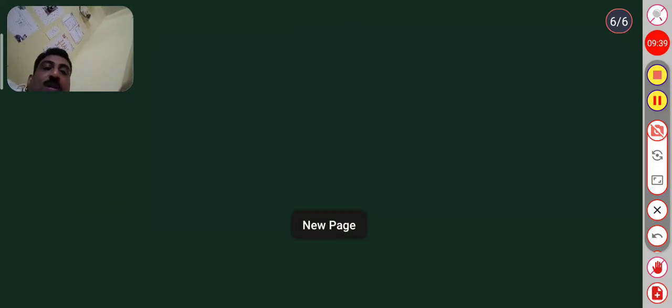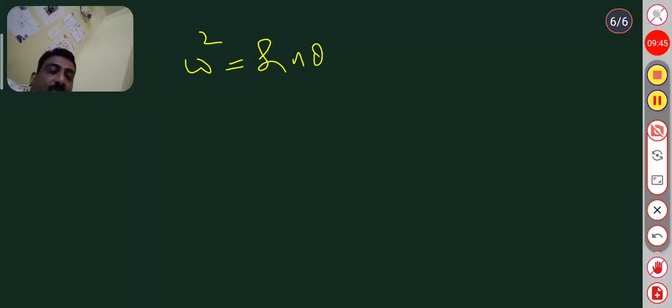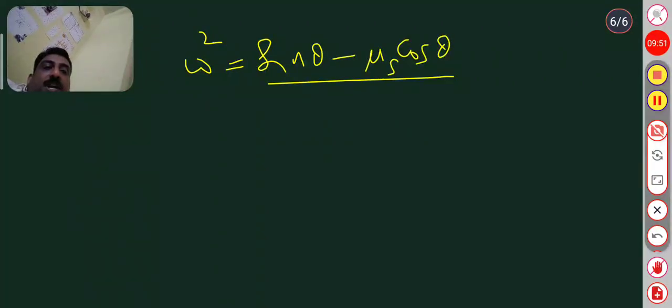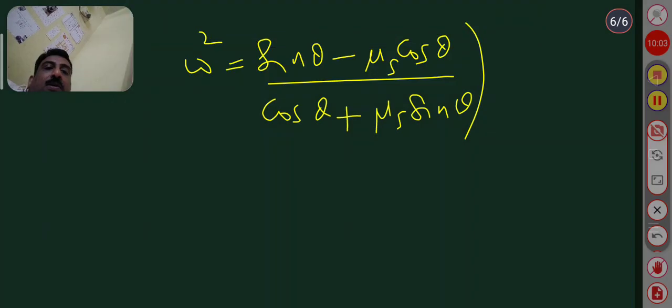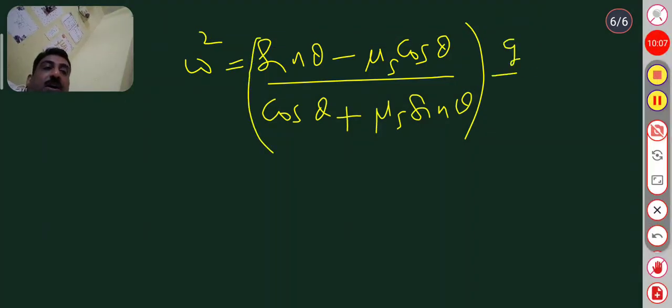So you will get omega square is equal to sine theta minus mu s into cos theta divided by cos theta plus mu s into sine theta, whole multiplied by g divided by r.